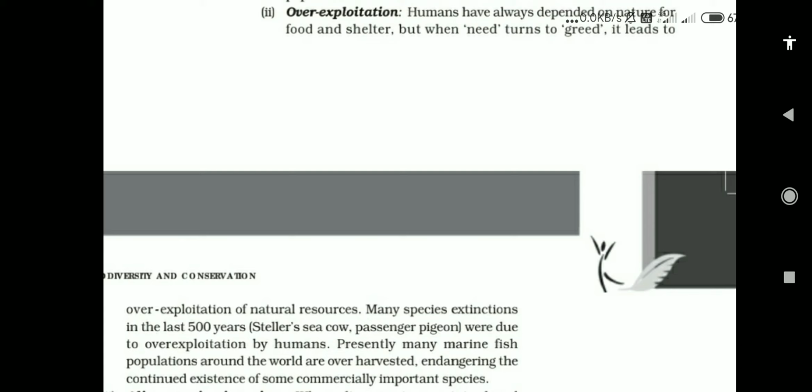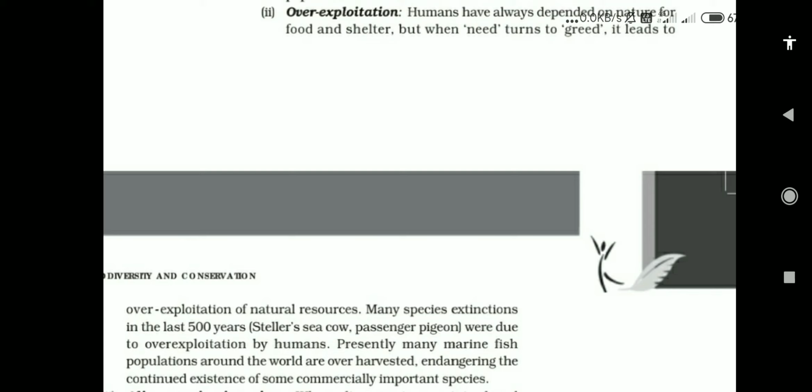Food and shelter are our basic requirements, but now we are becoming greedy, more selfish, and it leads to overexploitation: excessive use of resources, excessive cutting of plants, destruction of excessive animal species, and overexploitation of natural resources.